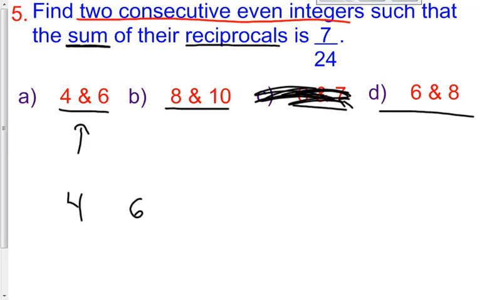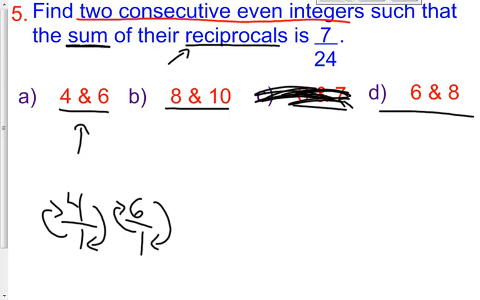As a fraction, rather, it's 4/1 and 6/1. Yes, that's how we write them as a fraction. So their reciprocals would be 1/4 and 1/6. That's what the reciprocal means.